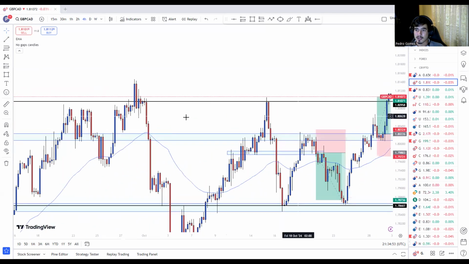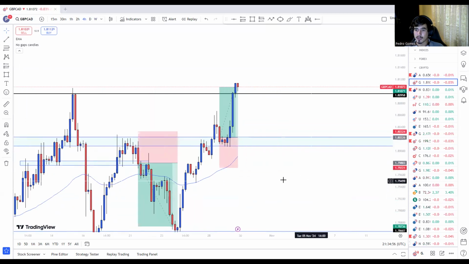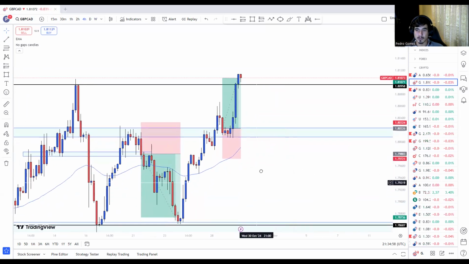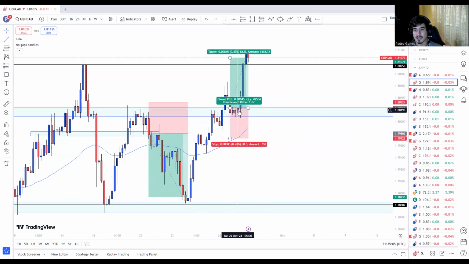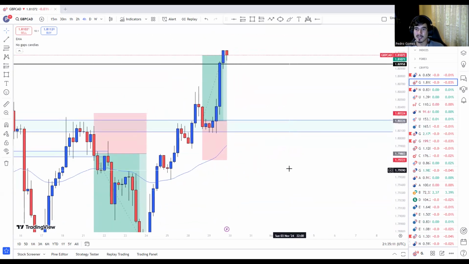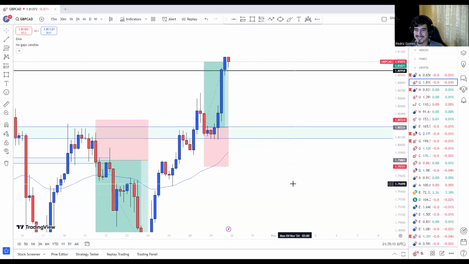And yeah, this is a great area. So what we did was, price broke the area and retested as support now, and we look for buys. Okay, that's really it. There is no magic here.